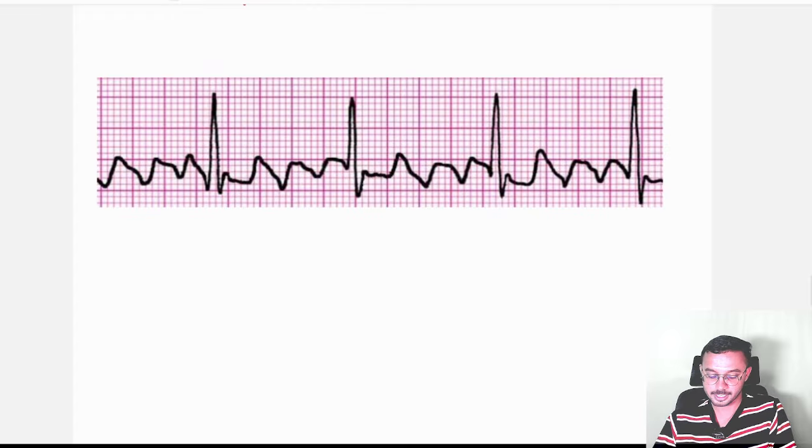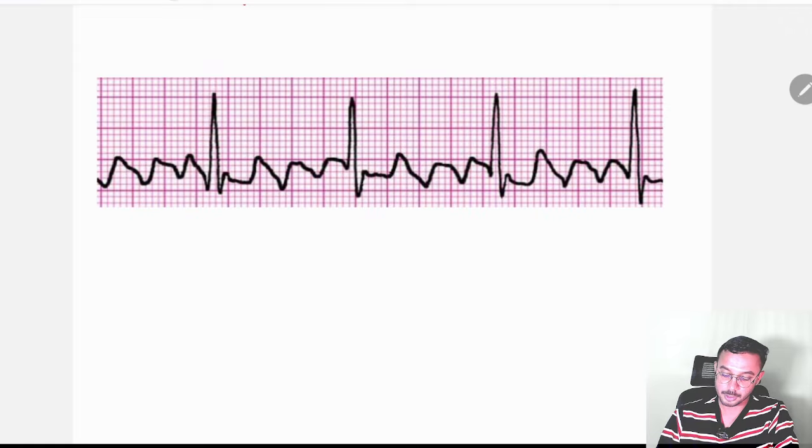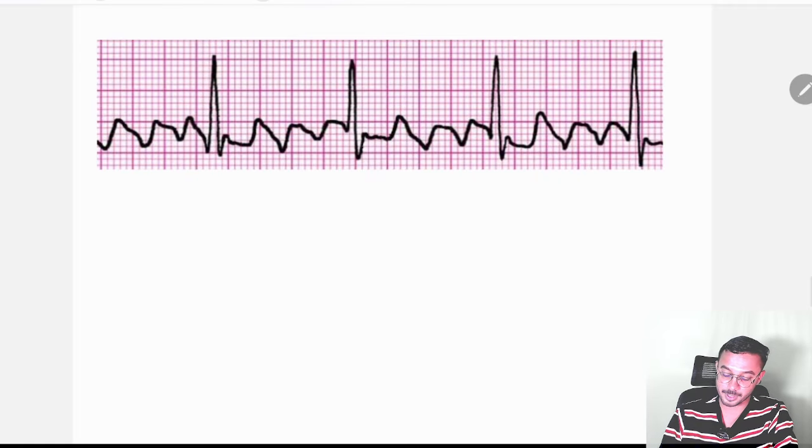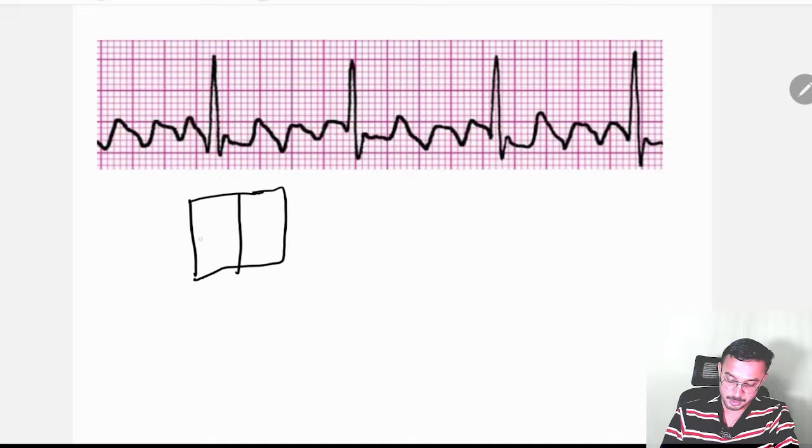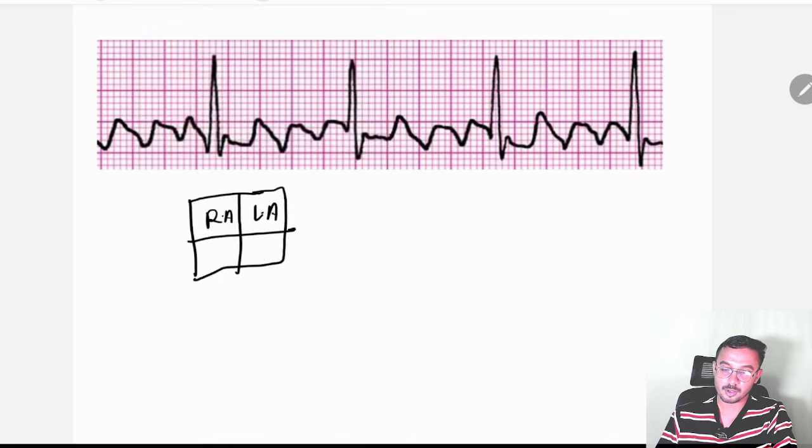And next we move to atrial flutter. Atrial flutter is like what I taught earlier in atrial fibrillation, same simple diagram, right atrium and left atrium. But in fibrillation there are multiple ectopic foci, whereas here only a single focus is present, and it is roaming around the same circuit.